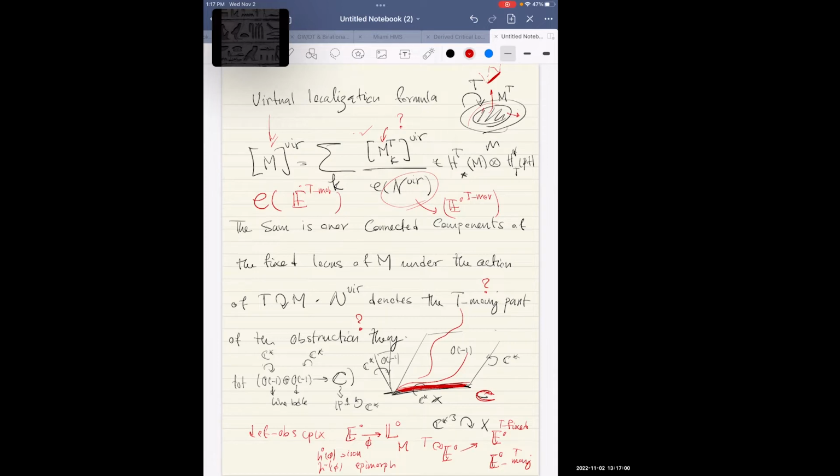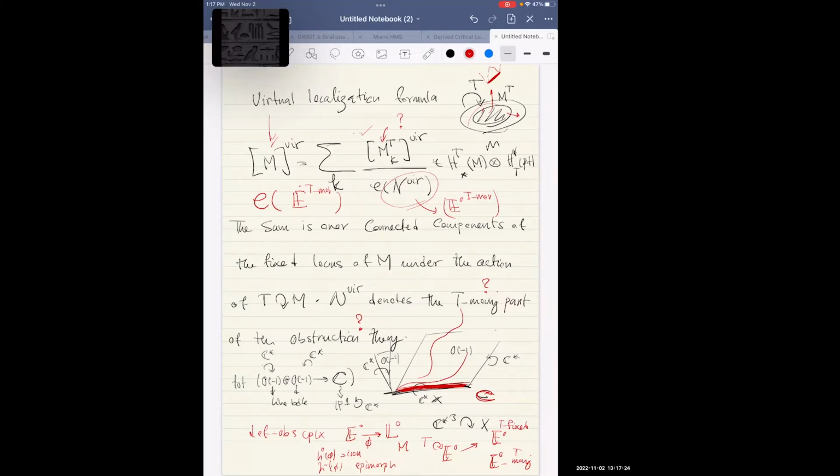Now, the reason it's called the virtual normal bundle is that if the space is smooth, for instance, the torus fixed locus of a certain moduli space is smooth, then it will have a normal bundle. But often there is an object that lies on it that, other than just sections, will have higher cohomologies.